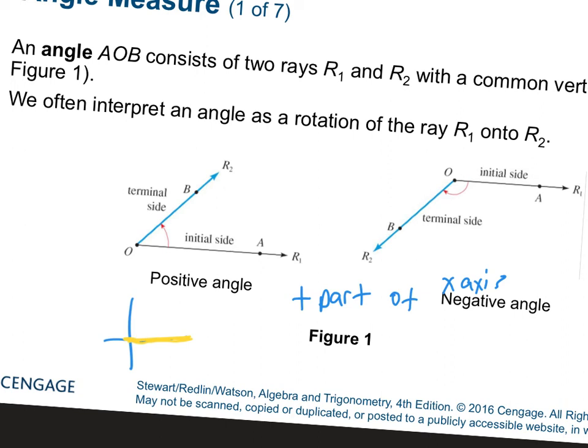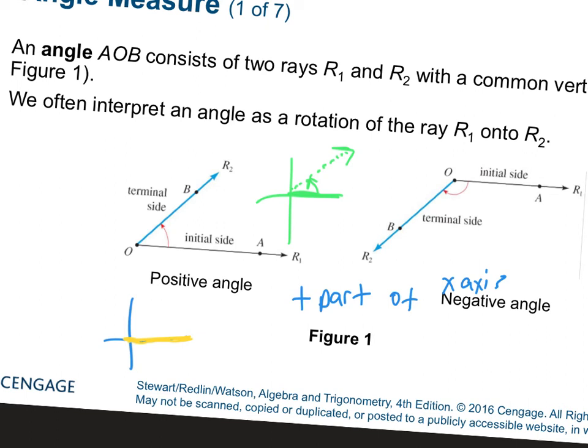So something that you need to be aware of is you guys are going to see positive and negative angles. If I have a positive angle measure, like 35 degrees, I would start here at 0, and I would go up this way. I'm going to use the terms up and down because sometimes we get confused with counterclockwise and clockwise.